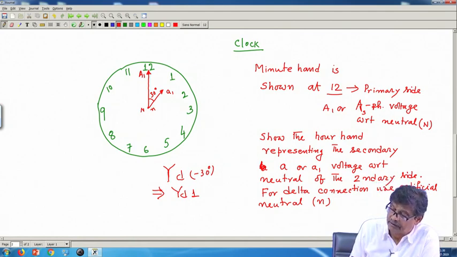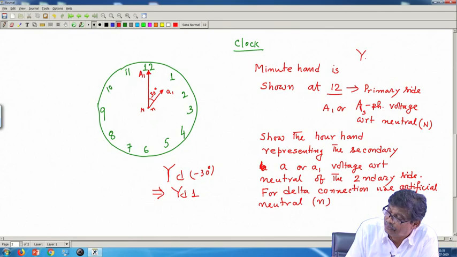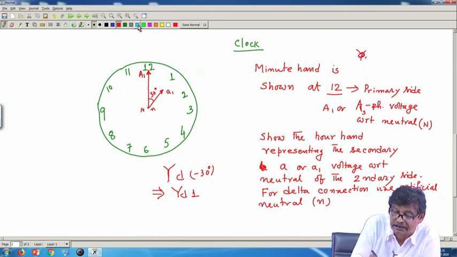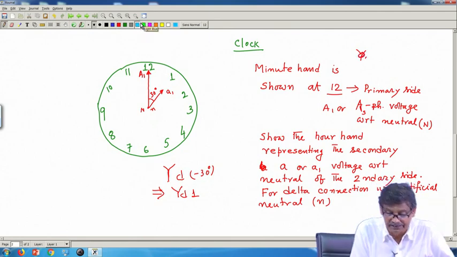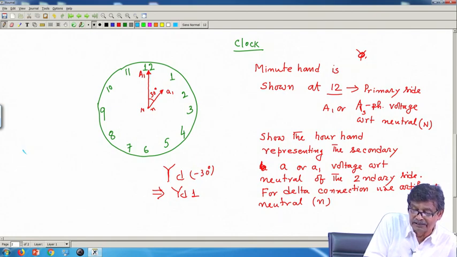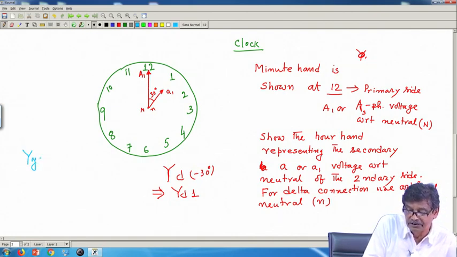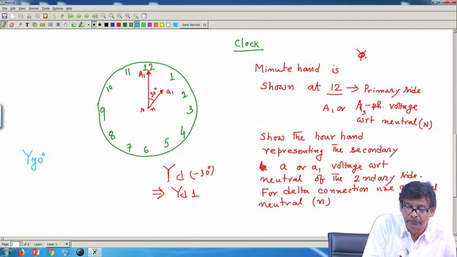For example, let me write in a different color, because so much space is there. For example, this connection I will not redraw, Y Y 0 degree we have seen. What does this mean?